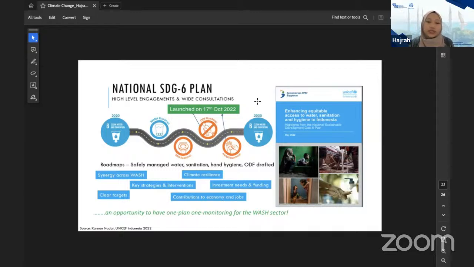All of this also requires a lot of synergy and key strategy and intervention. We need to have clear targets, and we need to make it clear how this all could contribute to the economy and jobs, and also where we can find investment and funding.